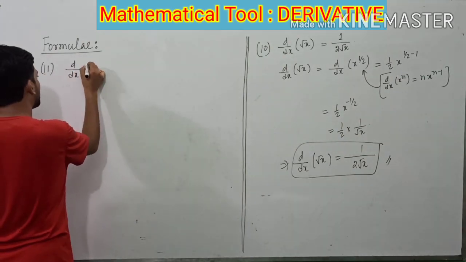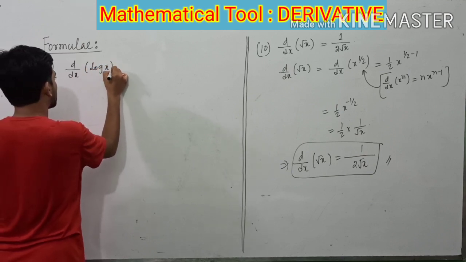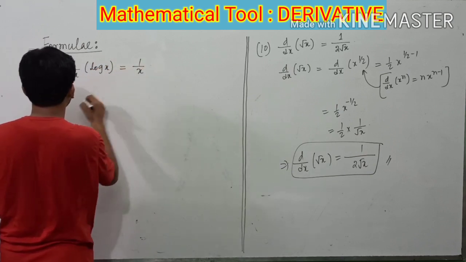Number 11, d/dx of log x is equal to 1 by x.